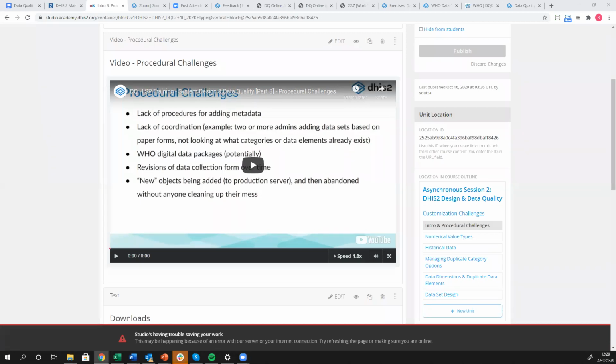Maybe in one area you're capturing malaria cases by male and female, and in another area you're capturing malaria cases by age buckets, like under 1, 1 to 5, 5 and above. In which case, again, you can use validation rules to make sure the summations of those are equal. I don't know if that was the answer to your question, Lisa.